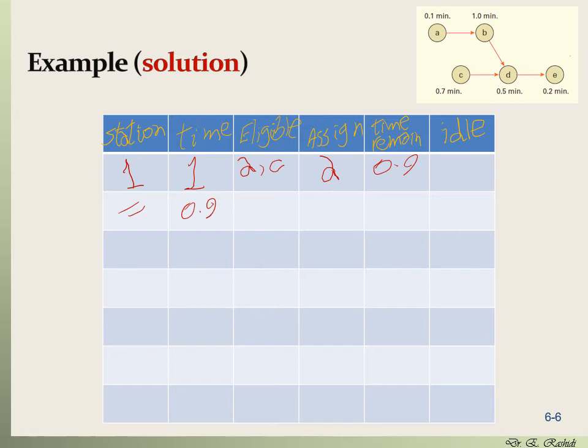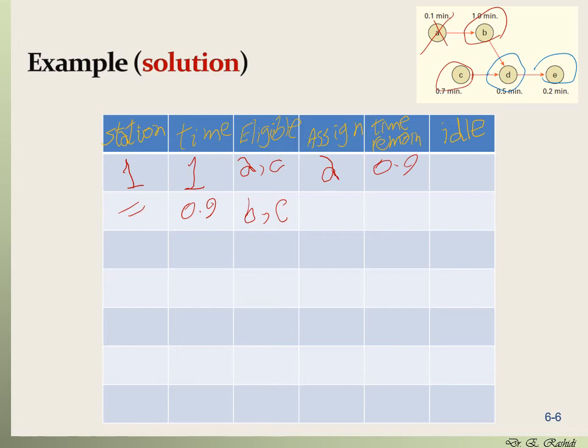Okay. Now that we assigned task A, what are the eligible tasks? Well, task B and task C are eligible. B and C. Which one should we assign? Both B and C have only 2 following tasks. So they are equal in the number of following tasks.